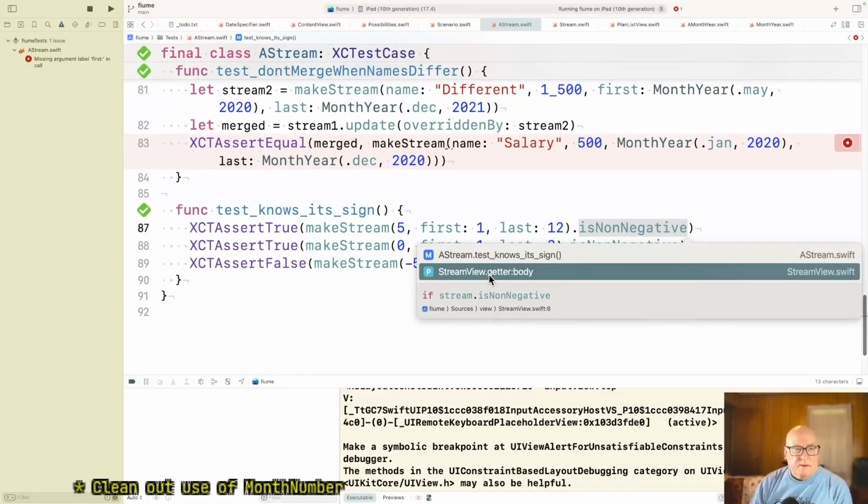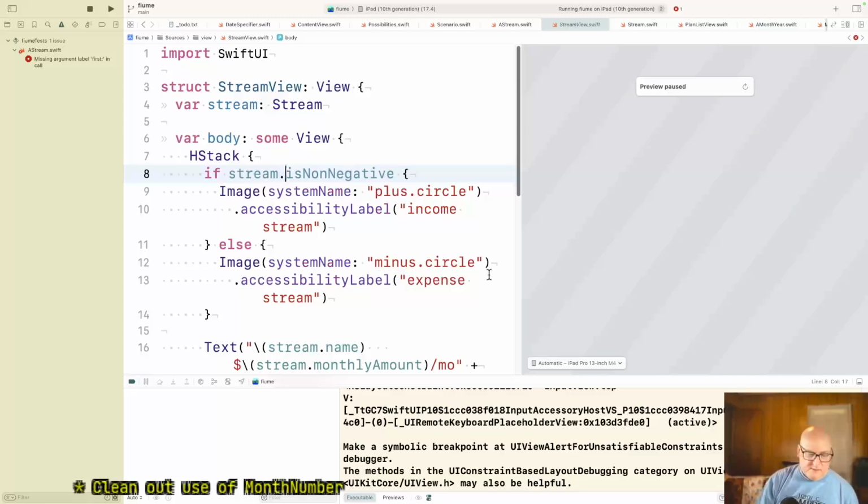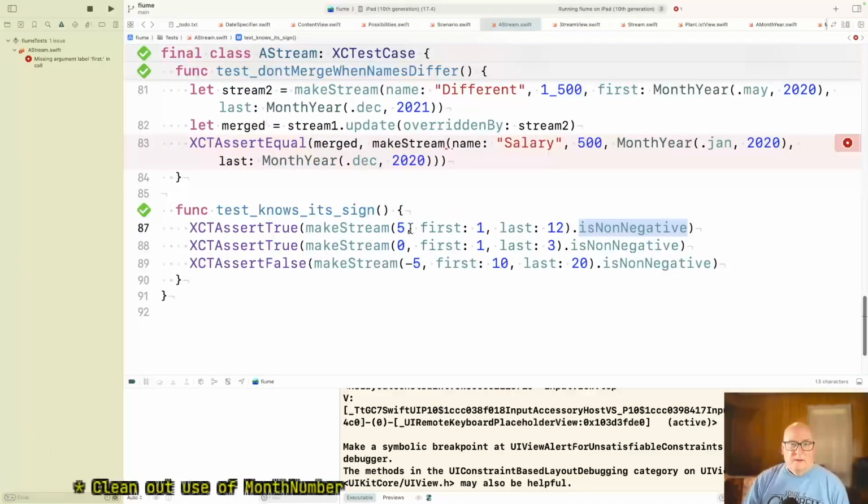Stream view getter. Okay, he is. All right.